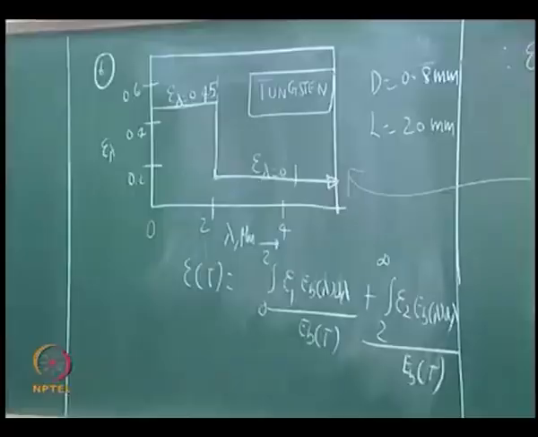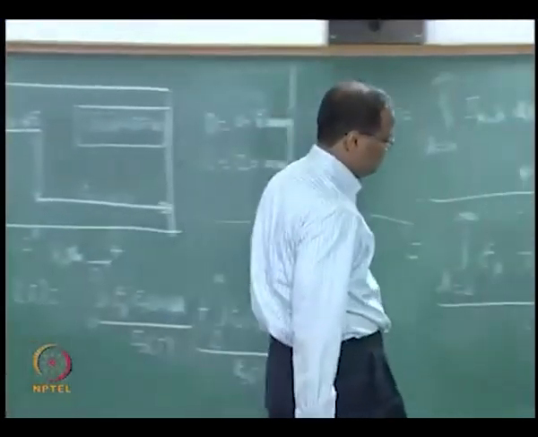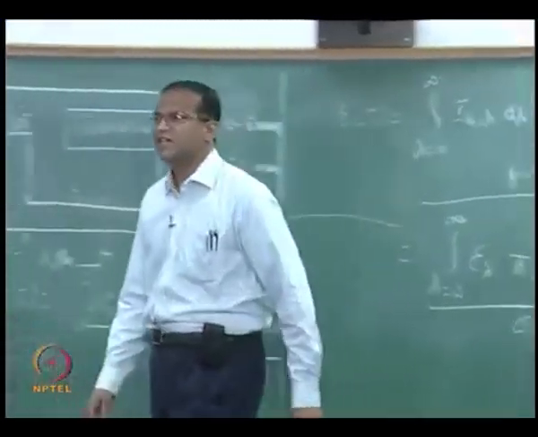Now that you know the temperature, 3000 Kelvin, lambda 1 and lambda 2, get the f function using the f function chart, and first get the emissivity of the tungsten. 5 minutes, please do it. Is everybody through with this? First get the emissivity of tungsten. Okay.